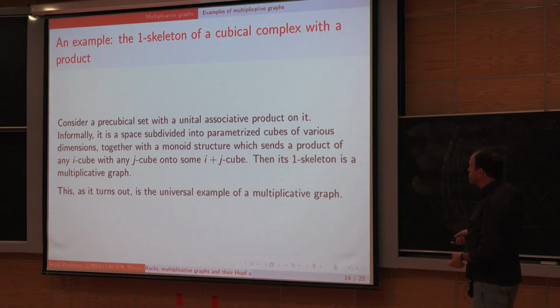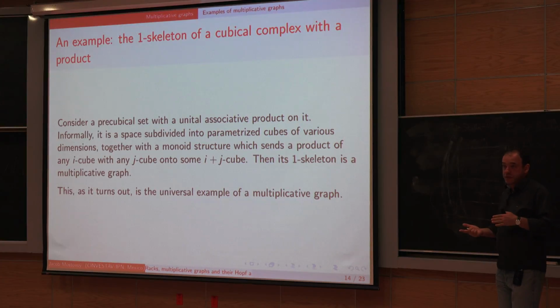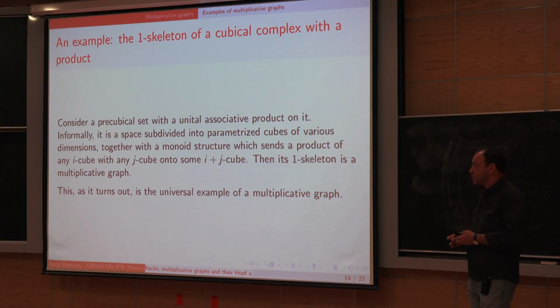So if you have a precubical set with an associative multiplication on it, then it's immediate that the one-dimensional skeleton of such a set is a multiplicative graph, because we multiply the one-dimensional cubes by zero-dimensional cubes, and we get one-dimensional cubes again.